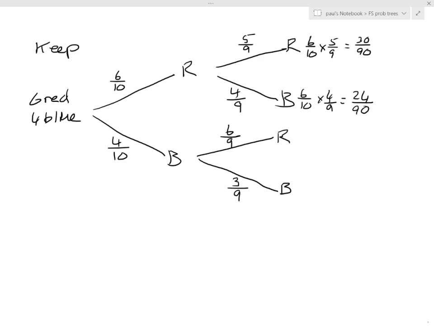This is going to be the same, isn't it? 4 over 10 times 6 over 9 is equal to 24 over 90. And 4 over 10 times 3 over 9, 4 3s are 12 over 90. There you go.